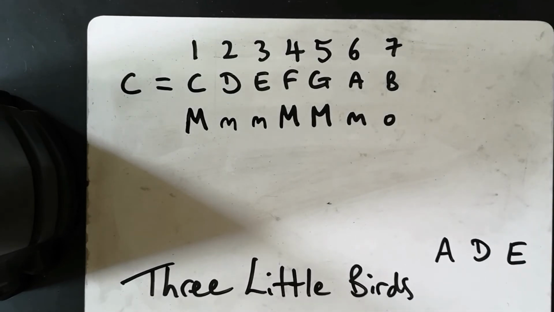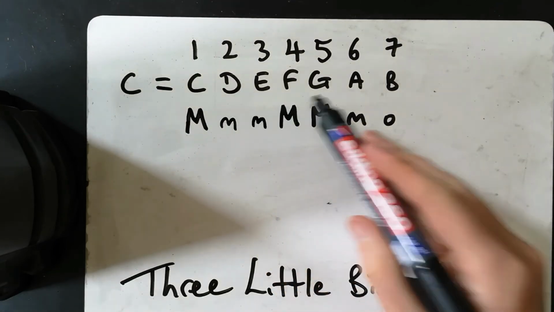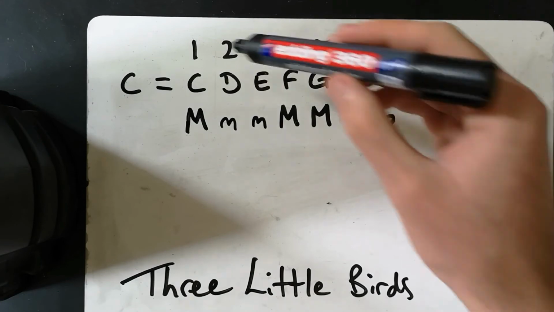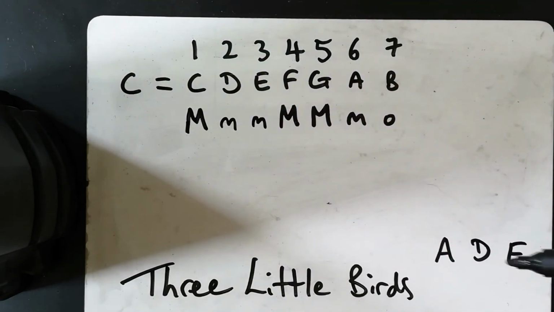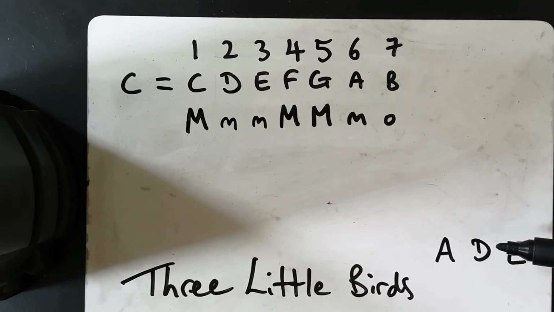So if I know it uses those chords, I can work out what key signature it is. I can do it by trial and error. I can start on D and I can work out the degrees of the scale and see if 1, 4, and 5 would be D, E, and A. If it's not that, I could try it on E, I could try it on A. At first, that is the simplest way of doing it, okay?